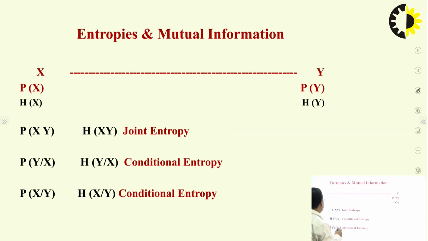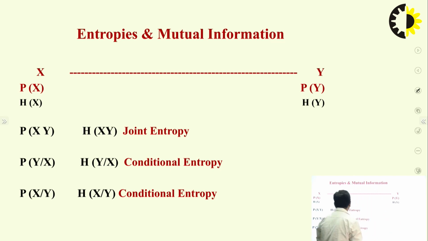Now, the concept of entropies and mutual information. We are studying entropies here in terms of communications. This is very, very important. In communication, we know 3 things are important: transmitter, receiver and channel.